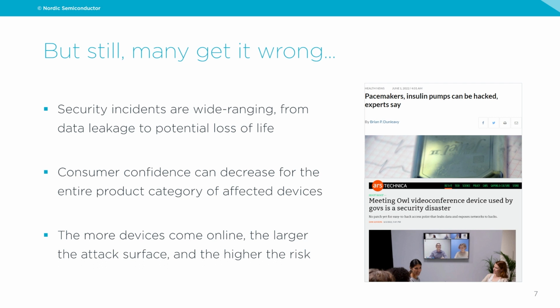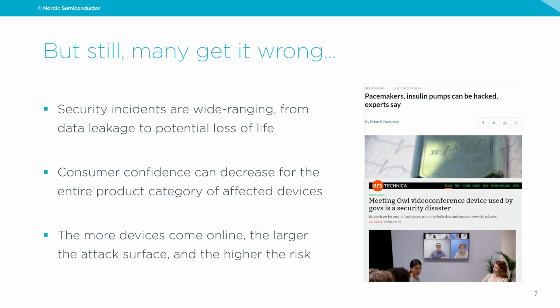So security incidents with IoT devices are still quite commonplace, and they can have wide-ranging consequences, from data leakage that may reveal private information to more critical consequences, such as potential loss of life when compromising certain types of medical devices.